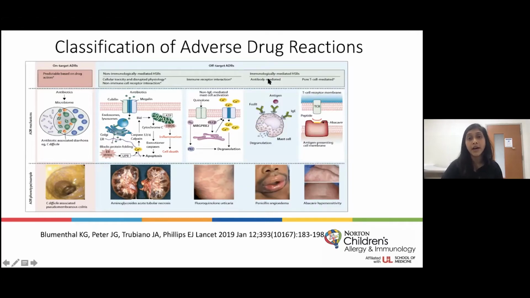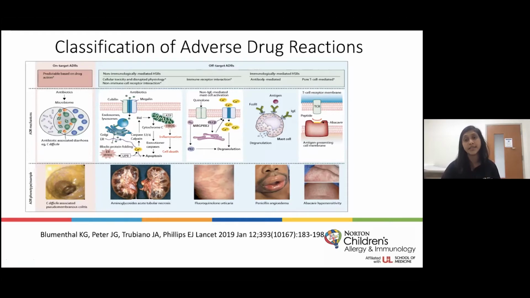And then the other huge category under the off-target adverse drug reactions are your immunologically mediated hypersensitivity reactions. This is your classic type 1 through type 4 hypersensitivity reactions, but here they've broadly defined it into antibody mediated and pure T cell mediated. Antibodies, type 1 to type 3, so serum sickness and type 1 hypersensitivities come under this.